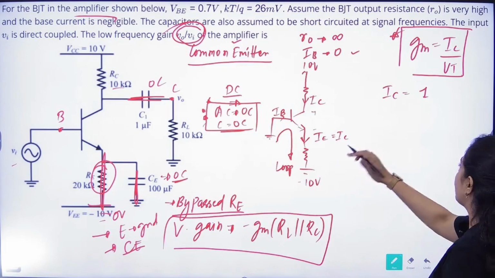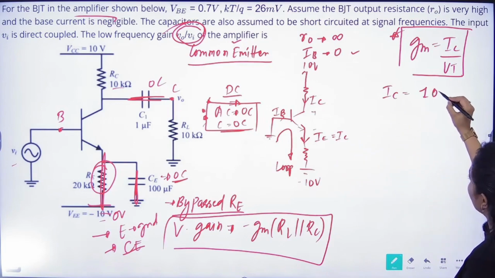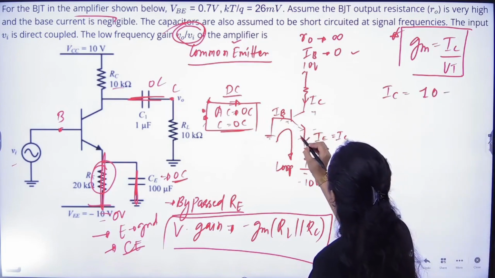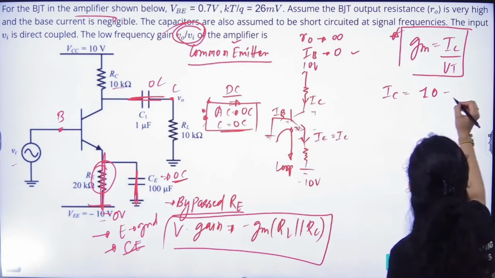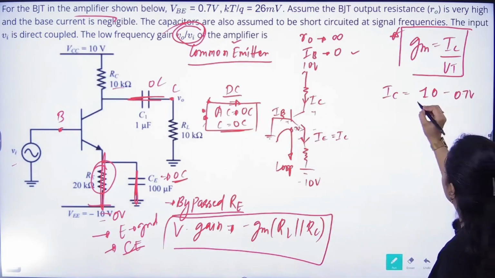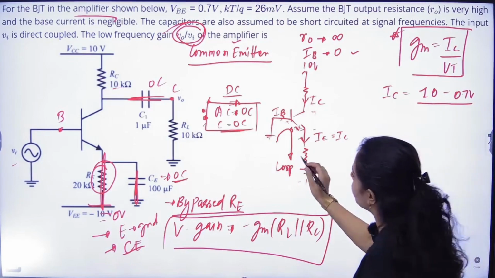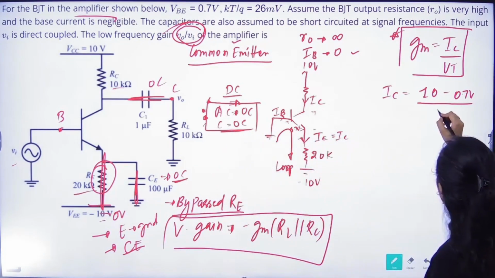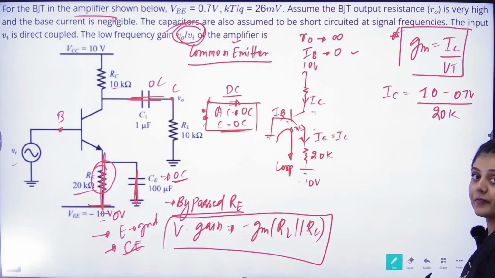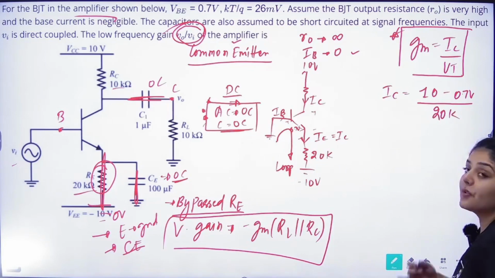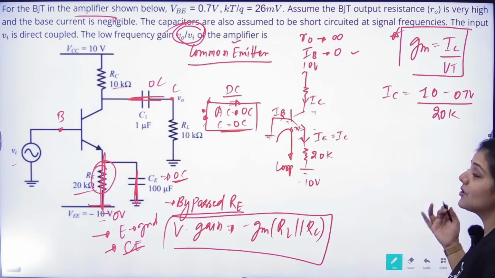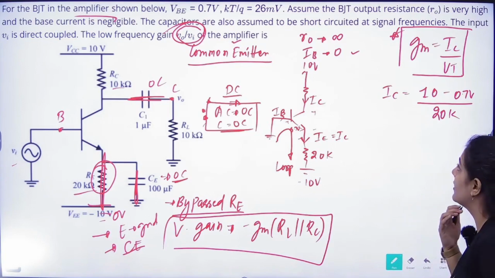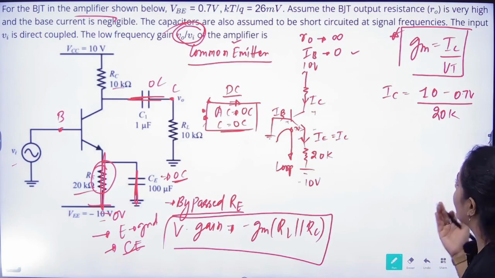So from this, if you find the IC current, that will be equal to 10 minus VBE, 0.7 volts, divided by the value of resistance. Resistance is 20 kilo. Right? Easy or not? I have directly written the value of IC.